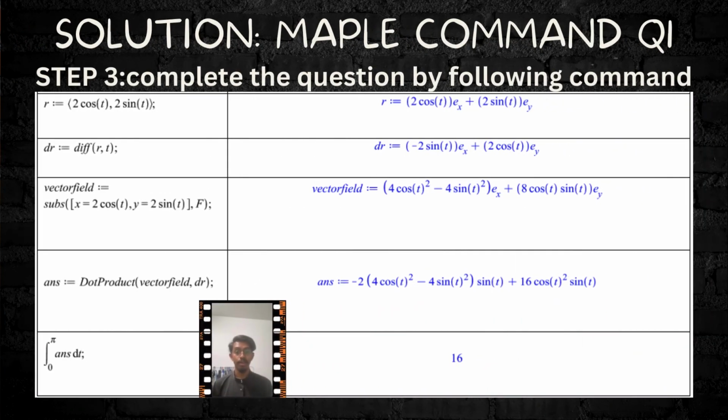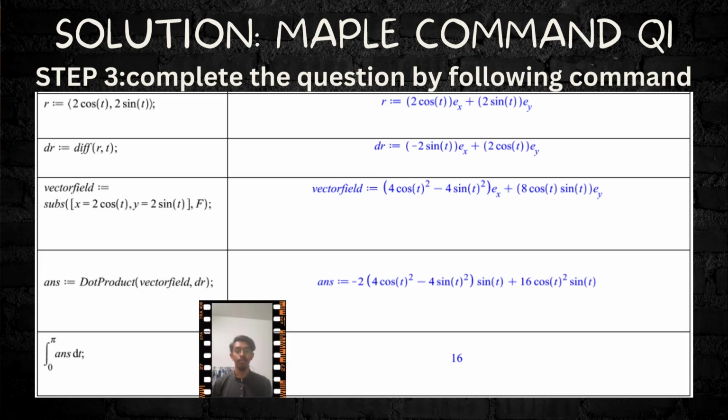The final step in solving the question using Maple is to compute all the information gathered. First, we use the variable r equal to 2 cos t and 2 sin t. Next, we must differentiate r, so we use the command diff(r, t) to differentiate r with respect to t, and we get the answer.